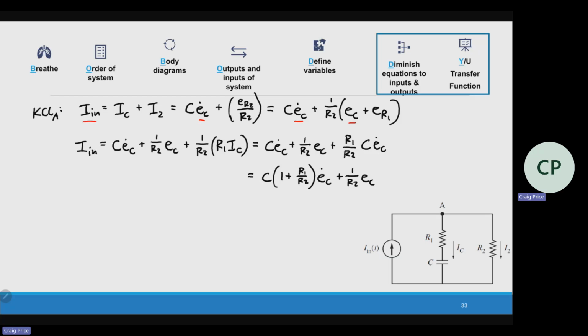And this, I'm getting closer to a transfer function. I don't want to see fractions within fractions. So if I was to create a transfer function with this, I'm going to get these fractions in my denominator. I don't like that. What's a way that we could get rid of all these fractions right here?